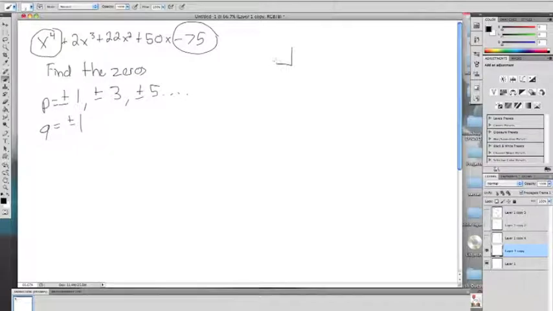For this one, -3 works. Now let's just quickly use synthetic division to prove that. And no, there isn't an easy way to tell this. You actually would have to go through all the possible ones and figure out which one works or not.